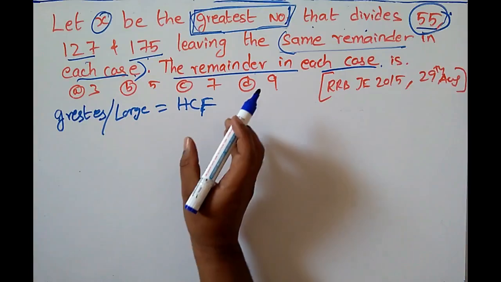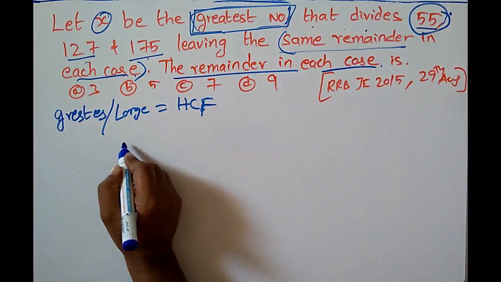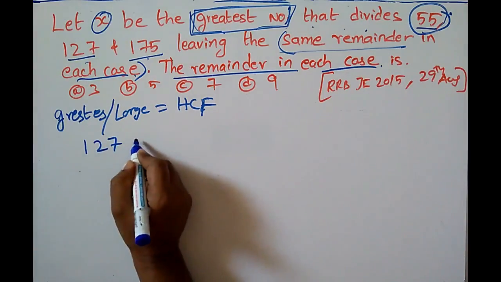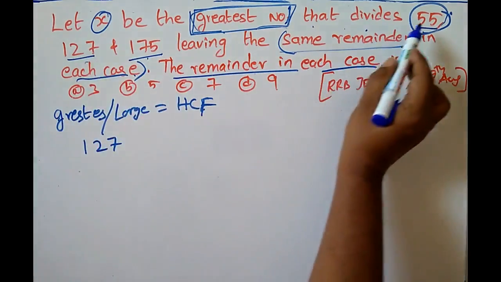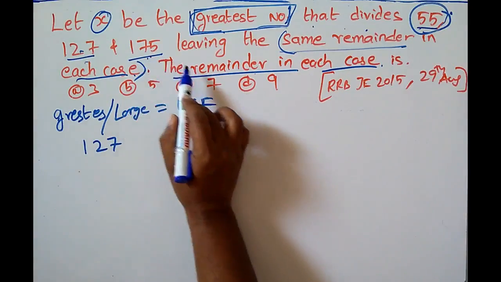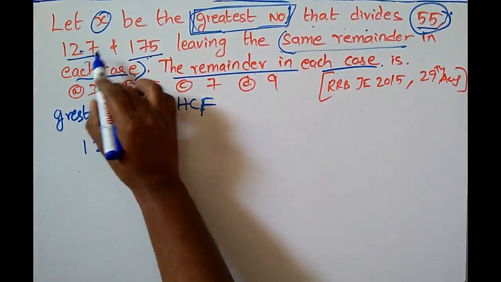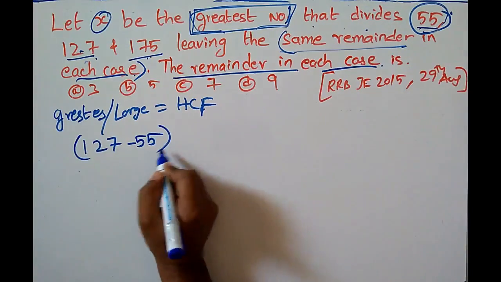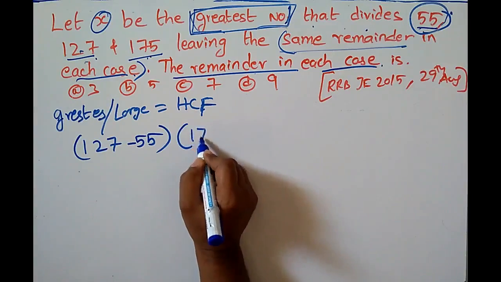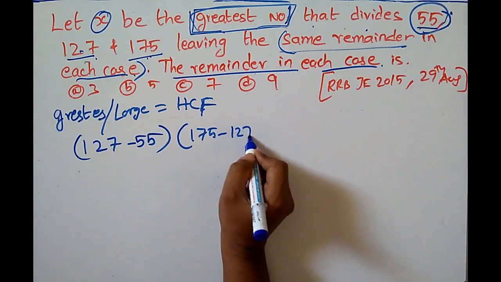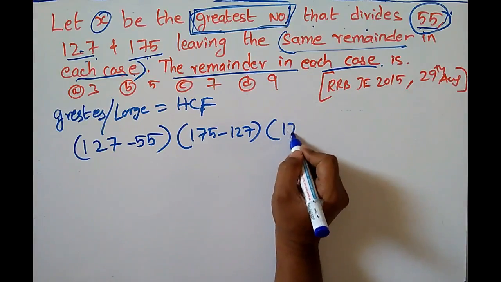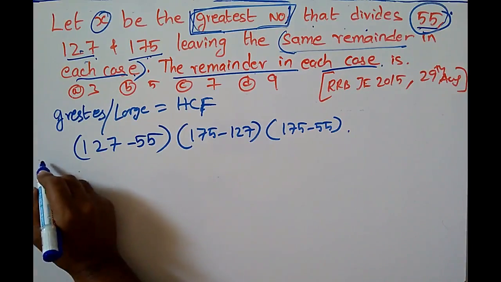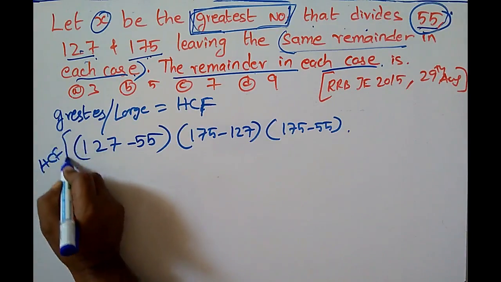So to find the multiplying factor, what we are going to do is subtract the numbers among themselves. Suppose we have 55, 127 and 175. We will subtract 127 by 55, okay friends, and we will subtract 175 with 127 and 175 by 55. Likewise, we take 3 terms and find the HCF of these 3 terms.